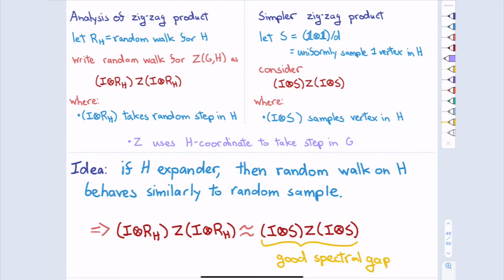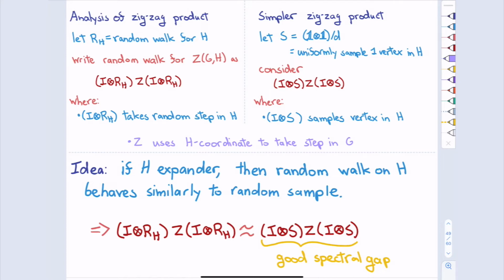So in an expander you need log n steps, and to uniformly sample, you only need one step. But that's a relatively small difference, and a random step in H, especially iterated over and over again, is going to behave a lot like a uniformly sampled vertex from H, even though you only have d0 degrees of freedom.